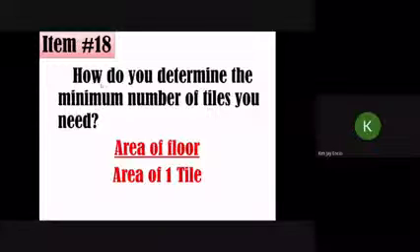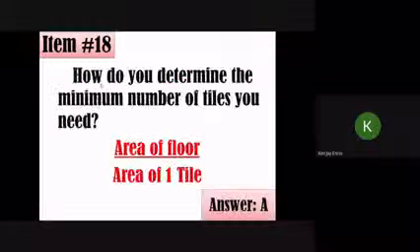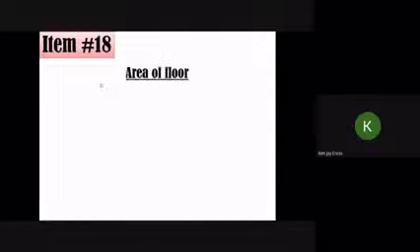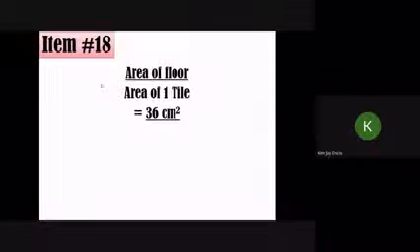After which all you have to do is divide the area of the floor by the area of one tile. By substitution, you have 36 square centimeters, which is the area of your floor, and your tile has a side of 3 cm.